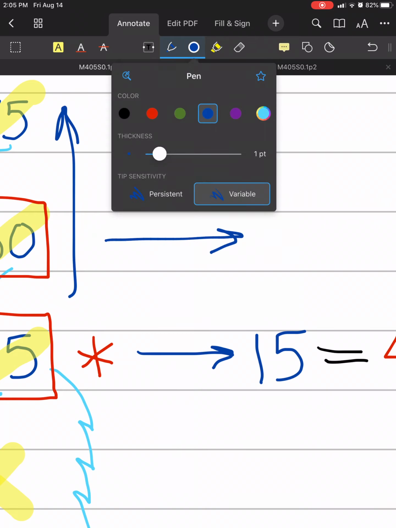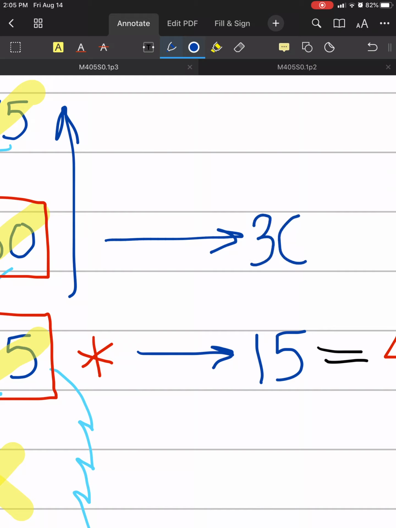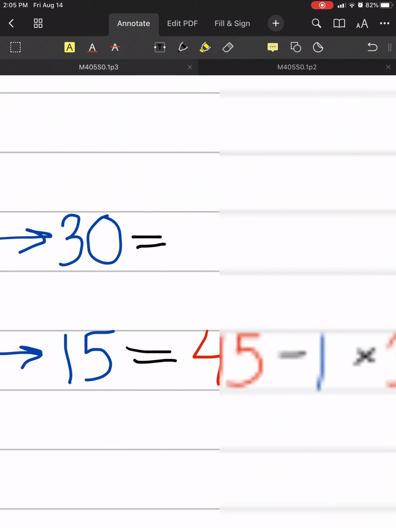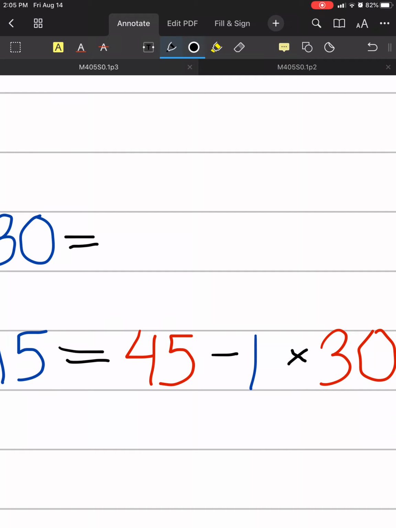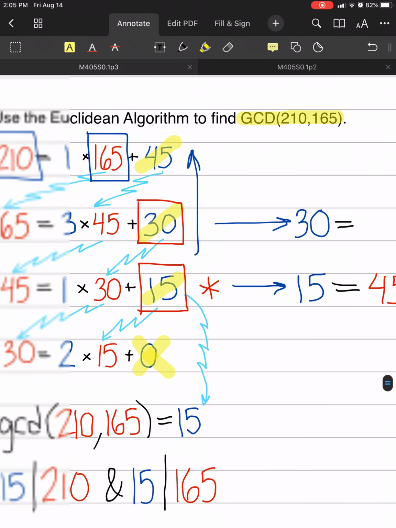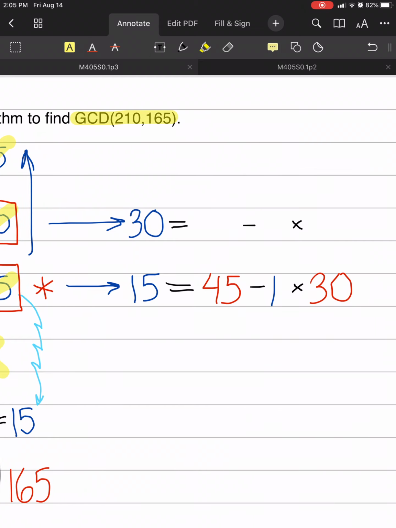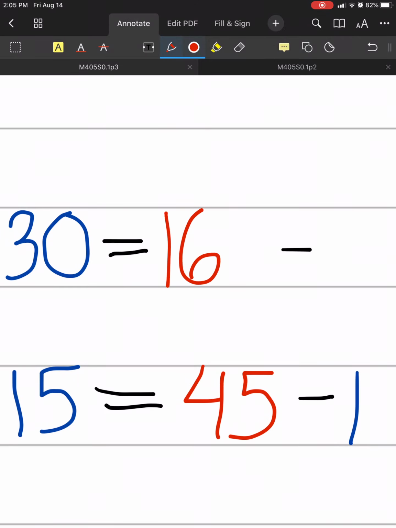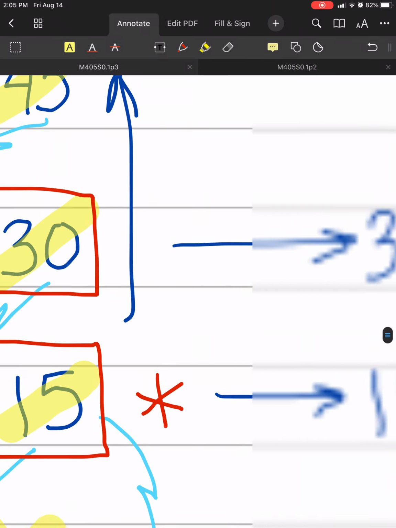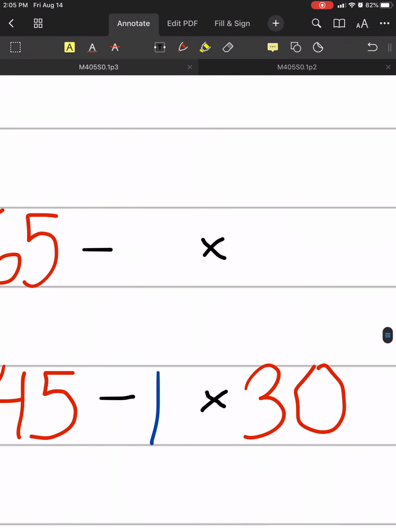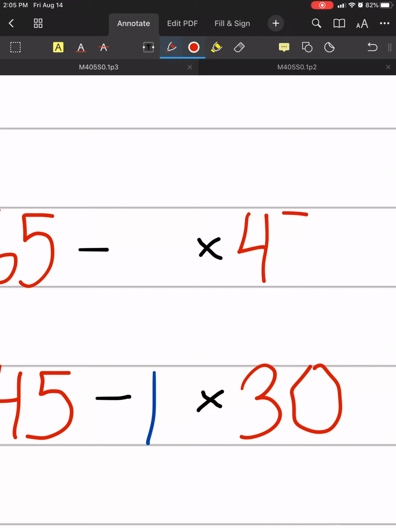So this 30 equals some number minus some number times some number. So we just rearrange this equation. We should have 30 equals 165 minus 3 times 45.